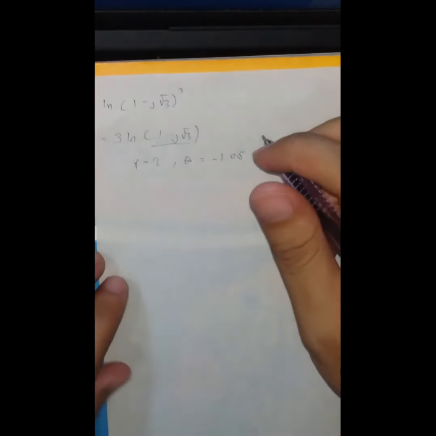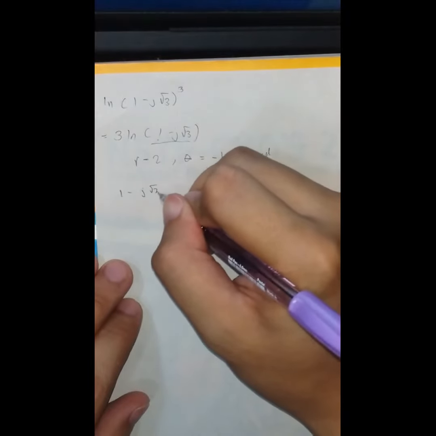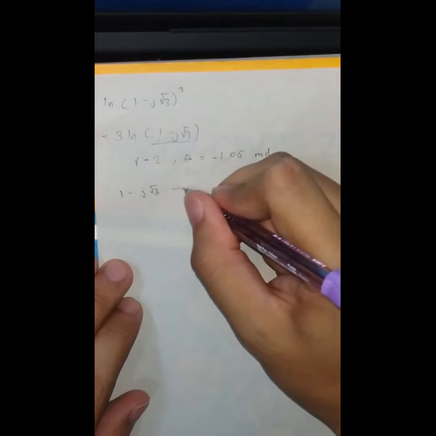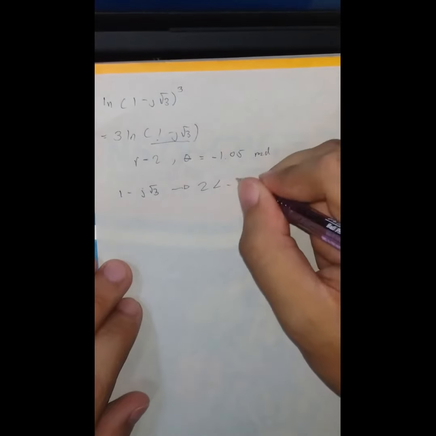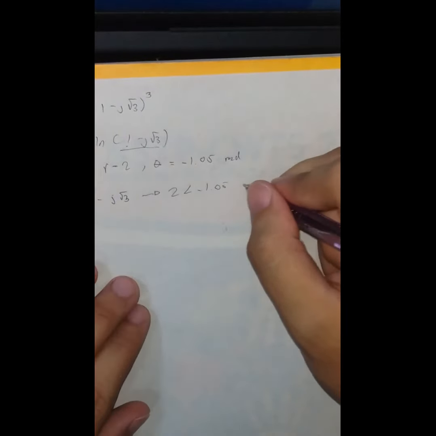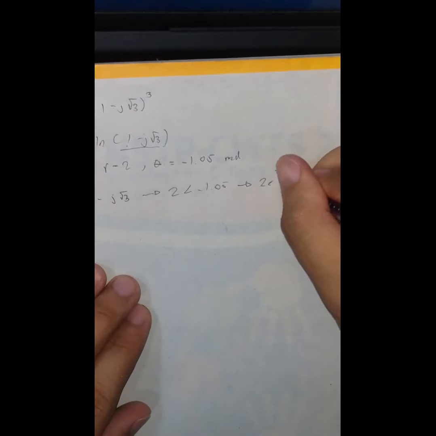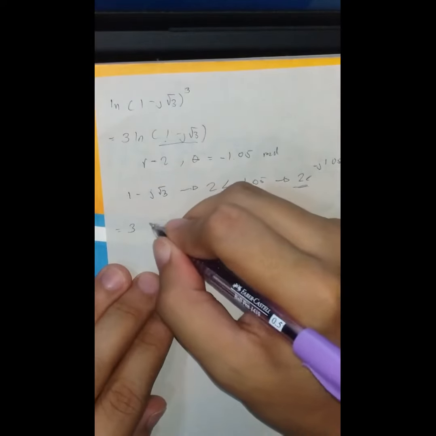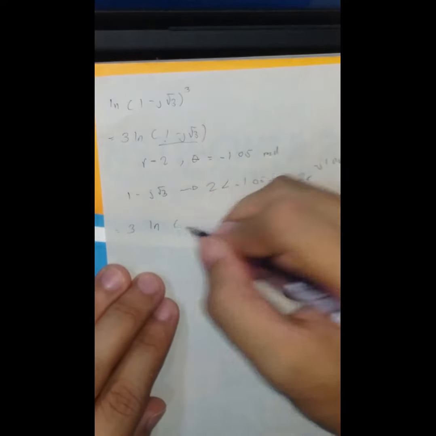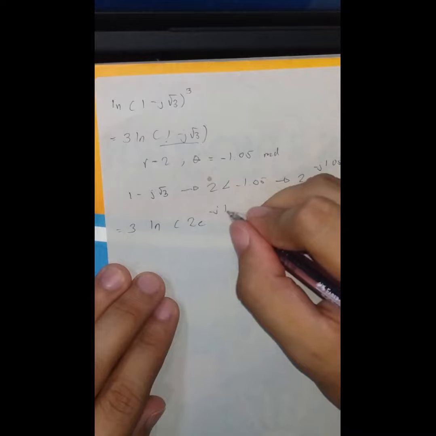Next, since we got our polar form, we write 2 with an angle of negative 1.05. Then we convert this to exponent form, which is 2e raised to negative j 1.05. So we use the exponent here. So 3 times ln of 2e raised to negative j 1.05.